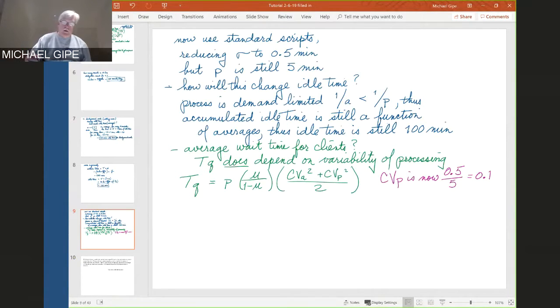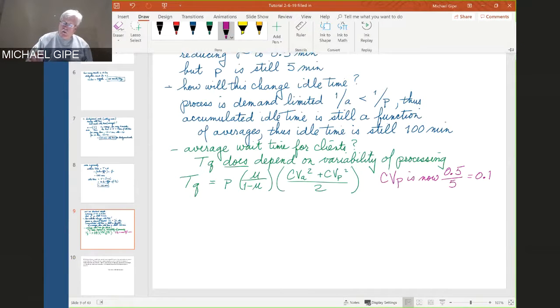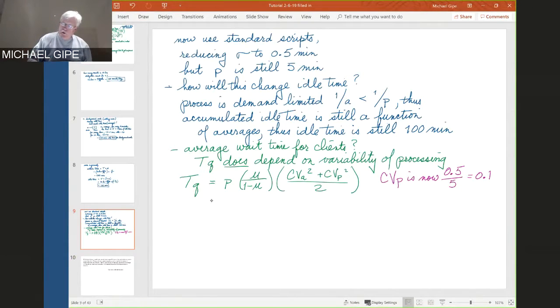Now it's 0.1. And so our queue time will be 5 times 5/6 over 1 minus 5/6. And the variation factor will be 1 plus 0.1 squared over 2. And you can see that's a smaller factor.